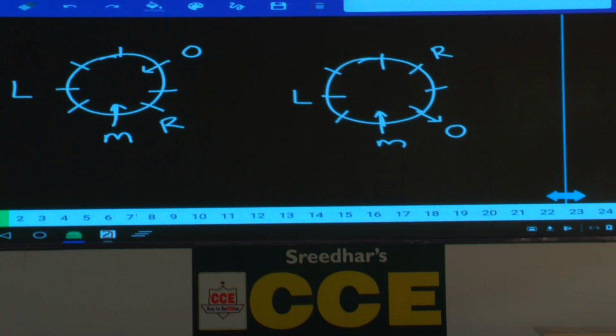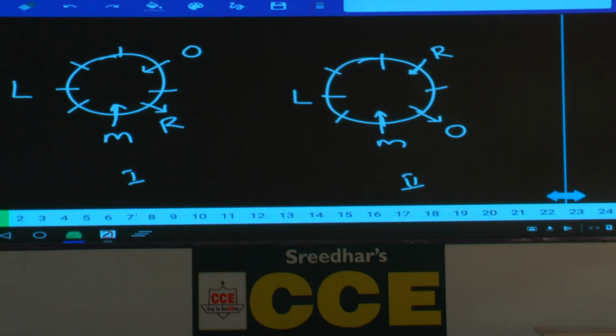R is not an immediate neighbor of L, and R and O face opposite directions. Here in the first case, O is facing the center, then R will be away from the center, and in the second case, O is away from the center, then R will be towards the center. R and O face opposite directions.